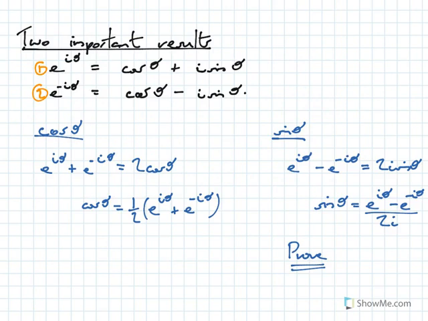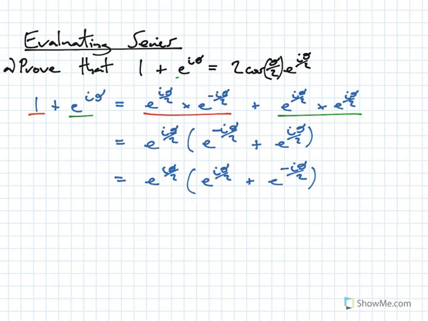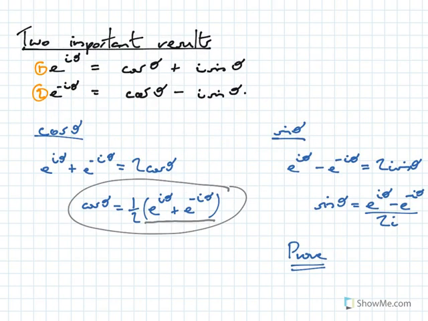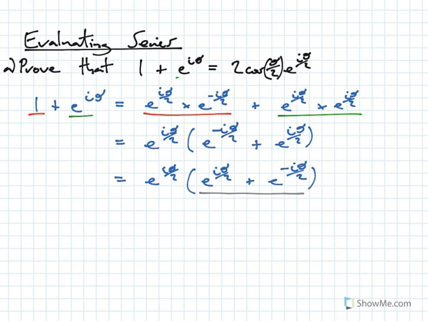Hopefully you'll see or remember from the previous page we've got this situation here. I've just got that bit in my bracket here, and this is equal to 2 lots of cos theta.